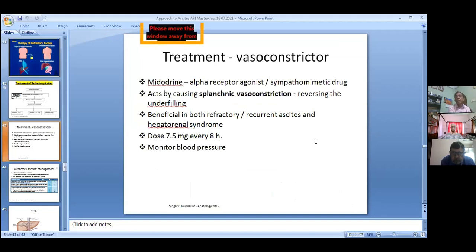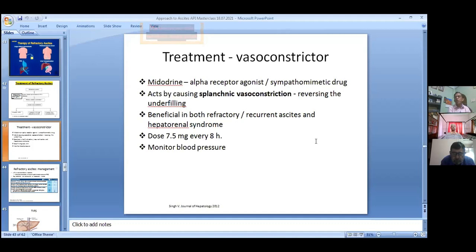Midodrine is an alpha receptor agonist. It is a sympathomimetic drug. So it is a splanchnic vasoconstrictor. If there is splanchnic vasoconstriction, the splanchnic underfilling is reduced.